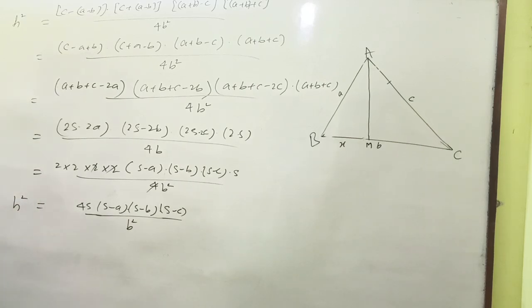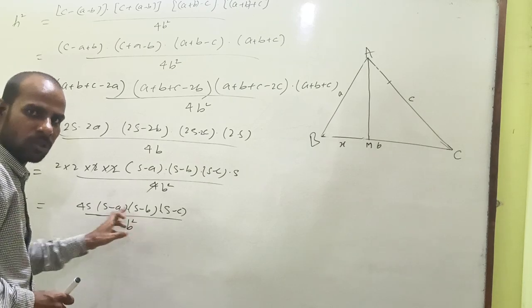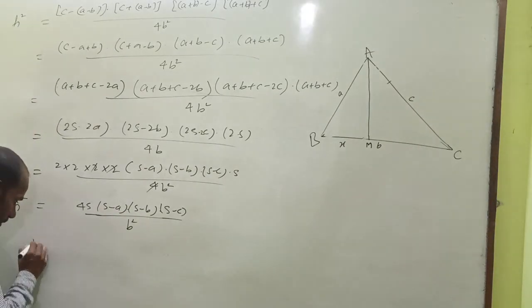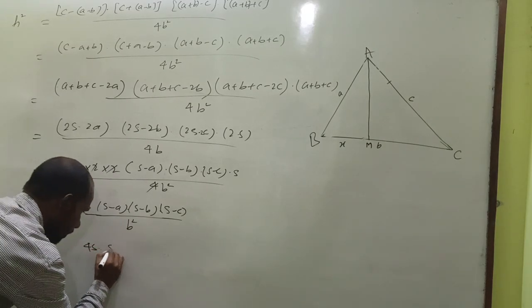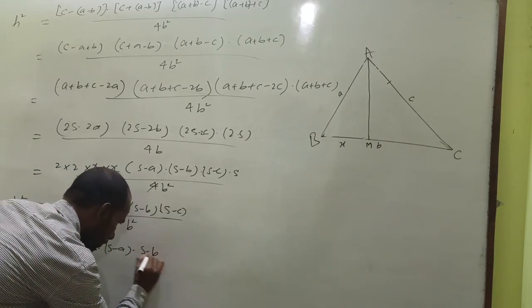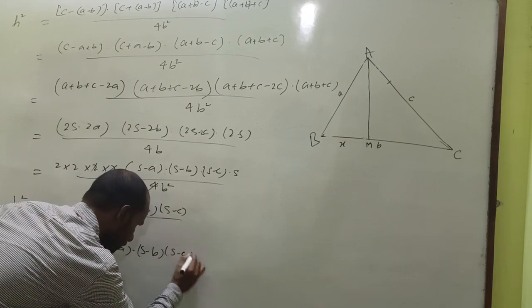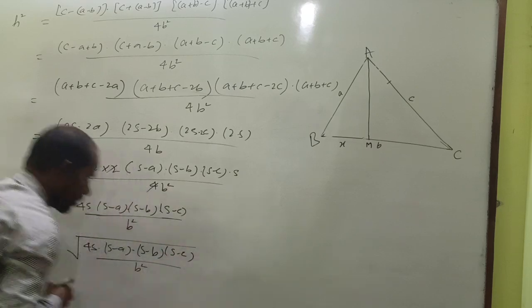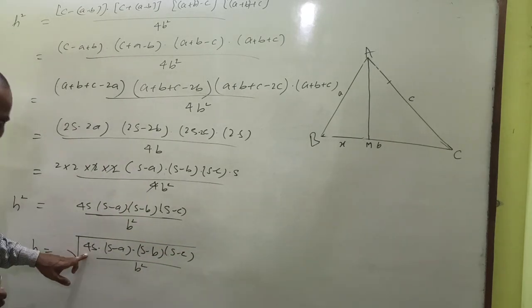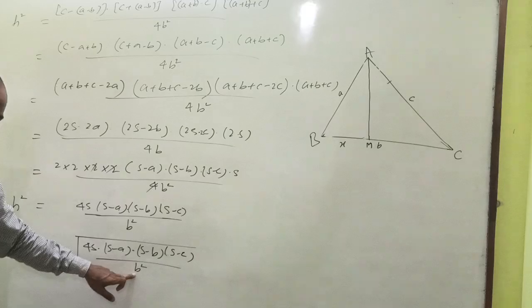Now, if we have to find the value of h, that would become the square root. So h is equal to the square root of 4s into s minus a into s minus b into s minus c upon b square. 4 is the perfect square of 2, and b square is the perfect square of b.